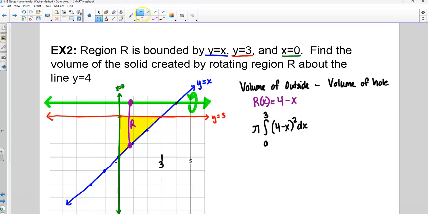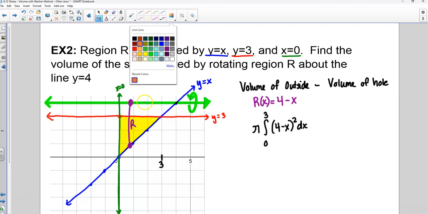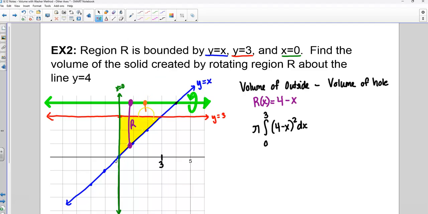Okay. Then, for the inside here, we're going from the line we're rotating around to the closest line, right here. This is lowercase r. Lowercase r of x. What am I hitting at the top? 4. What am I hitting at the bottom? 3.